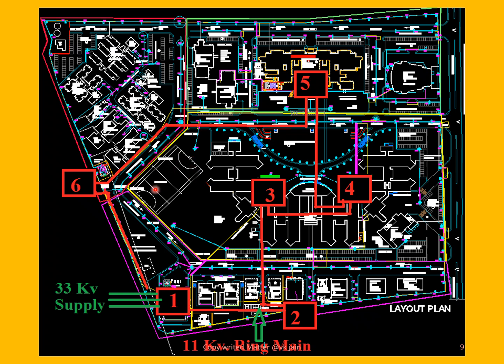Then there is a play station. So the entire complex was supplied through 11 kV, and at this substation level it is converted from 11 kV to 433 V and taken vertically up here also, here also, and here also.